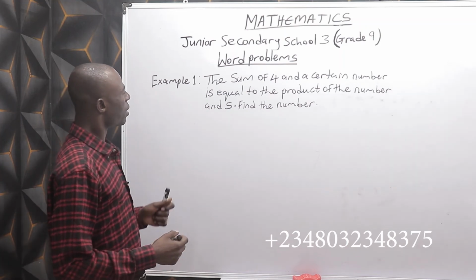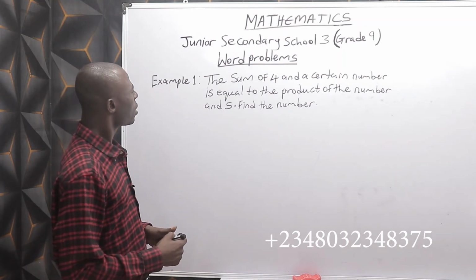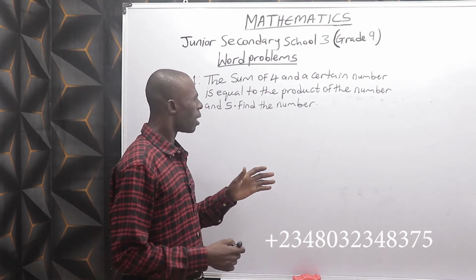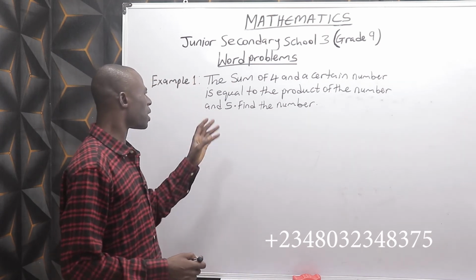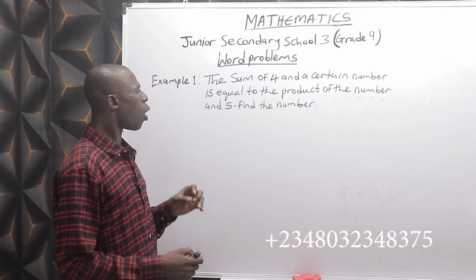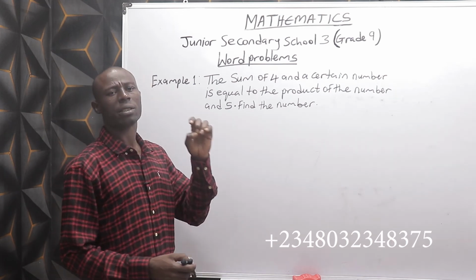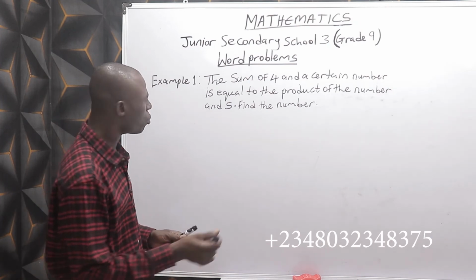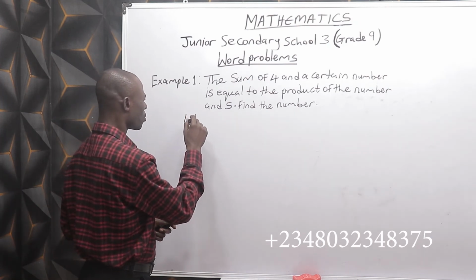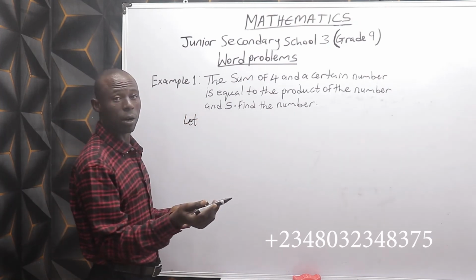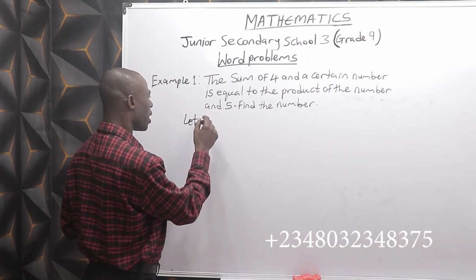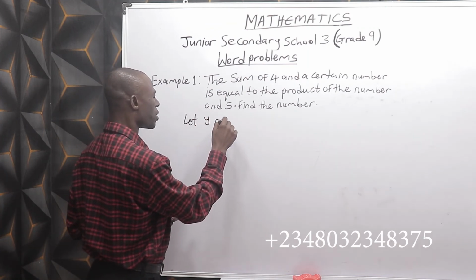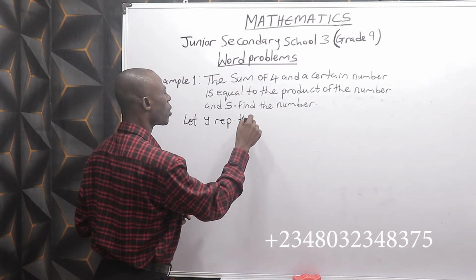So, example 1. The sum of 4 and a certain number is equal to the product of the number and 5. Find the number. The first thing to do, let a letter of your choice. I take Y. Let Y represent the number.